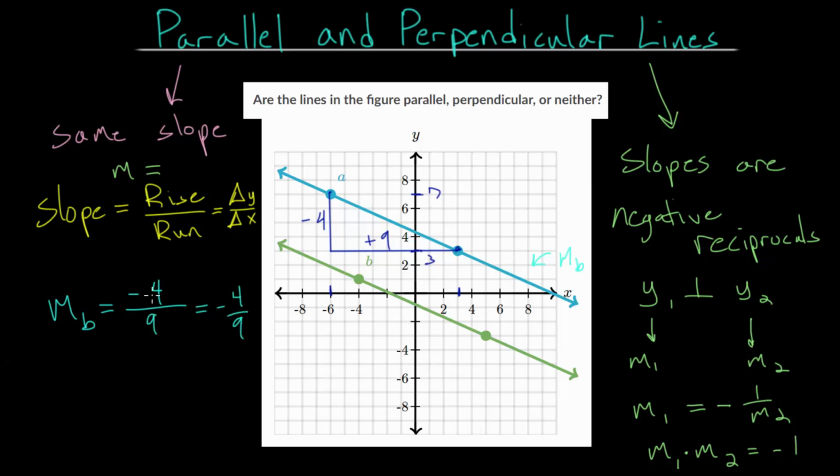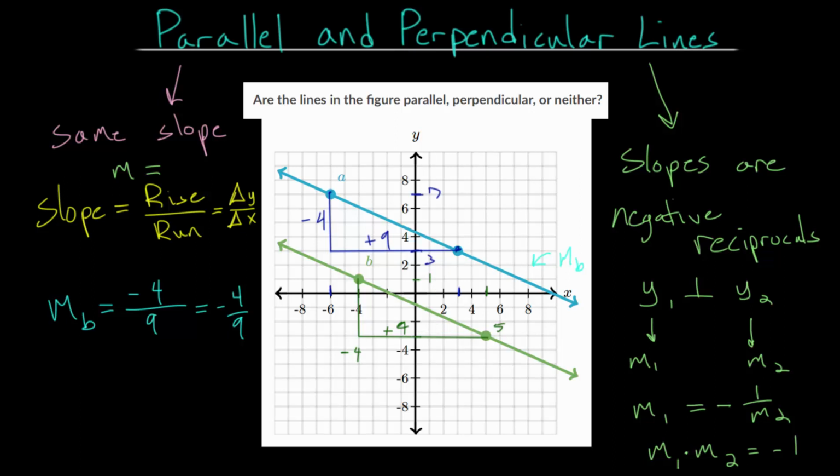And let's do the same thing for the green line. We can again draw in a triangle, or we can just find the difference in the points. This has an x value of 5, and this has an x value of -4. So its run: we go 4 to the y-axis and then 5 more, so that run would be 9. And its rise: we go down as we move to the right, from positive 1 down to negative 3.